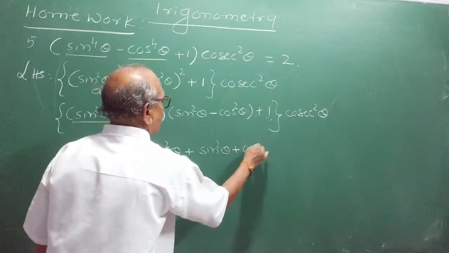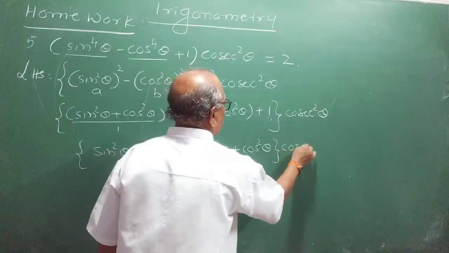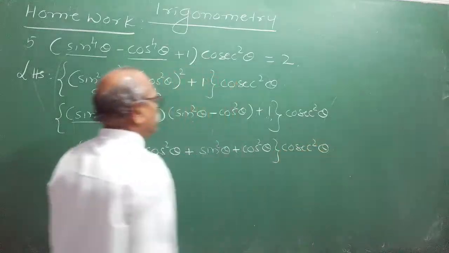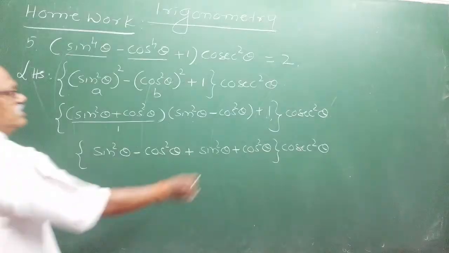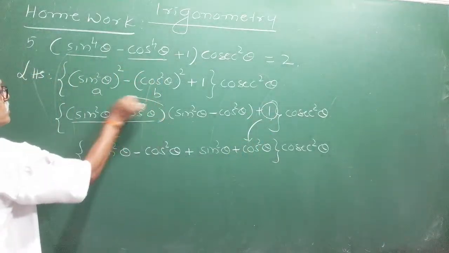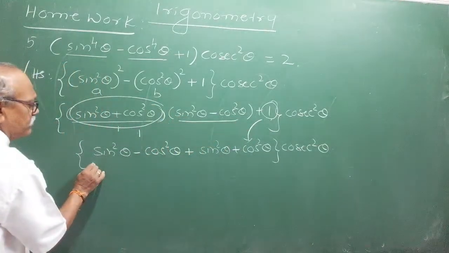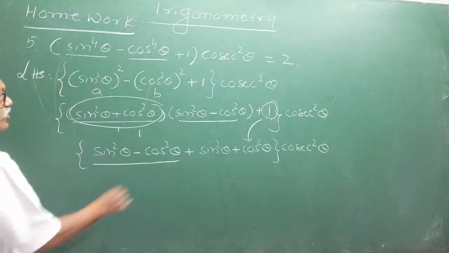Cos square theta. It's an easy question for 2 marks. Into cosec square theta. Verify your answers. Because this 1 can be written as sin square theta plus cos square theta. This sin square theta plus cos square theta becomes 1. 1 into sin square theta minus cos square theta becomes sin square theta minus cos square theta only.